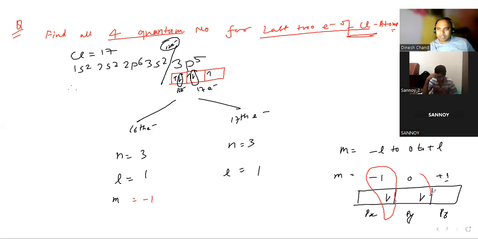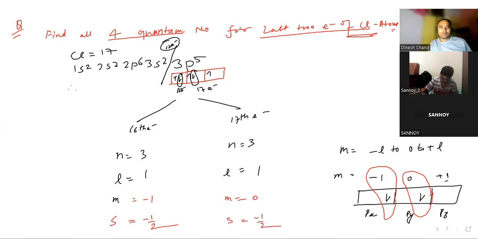And for this electron, M is equal to 0. Are you able to understand? Yes. Then for the spin S, it is minus 1 by 2 and also minus 1 by 2. Can you understand? Yes, sir. Done, understood. Okay, very good.